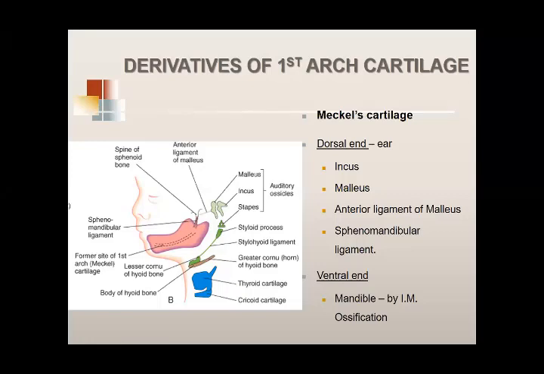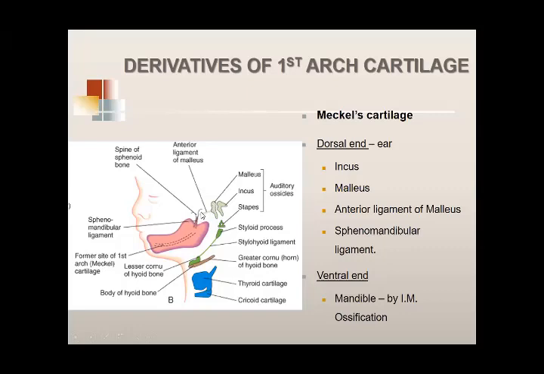I repeat once again. Dorsal end से शुरू करें cartilage का. The dorsal end of the cartilage that breaks into these small broken pieces of the cartilage posteriorly, they develop into two bones of the middle ear cavity, कान की दो bones, incus and malleus. So dorsal end develops into incus and malleus.